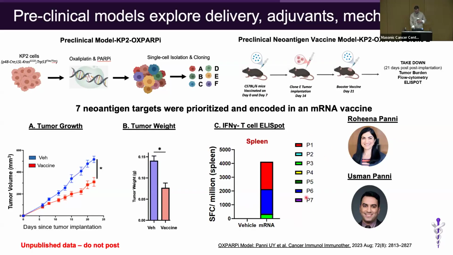And then each individual component, the 7 neoantigen targets that made up the vaccine, is tested individually to try to get a sense, was it one of those that seemed to be driving response? Was it all 7? Was it none of them? In this case, it really seemed to be 2, kind of 3, that are eliciting immune responses, and the others really don't seem to. And so this creates an interesting opportunity to start to ask what's different about the ones that give a response versus those that don't.